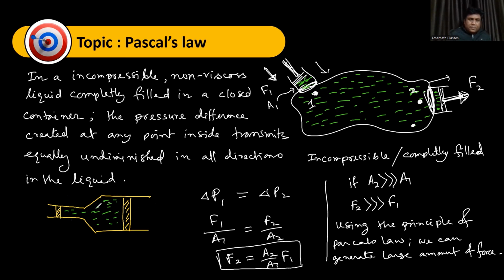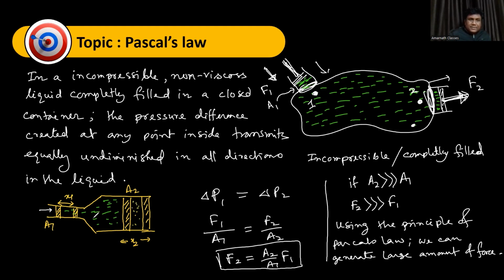If I press the first piston, say it goes to this position, it means A1 goes by X1. Then A2 will go by some X2, up to the X2 position.